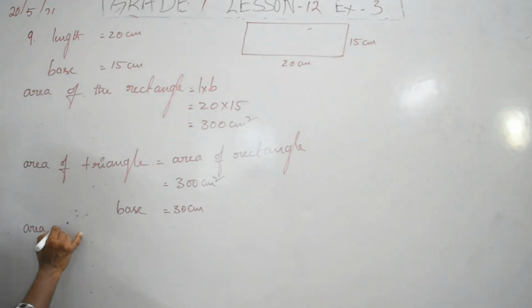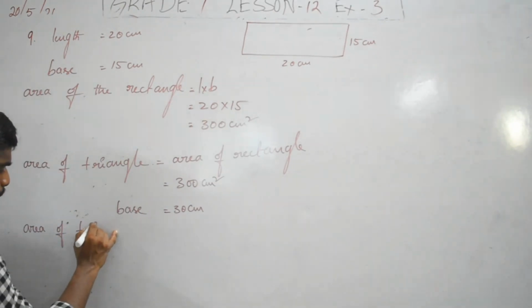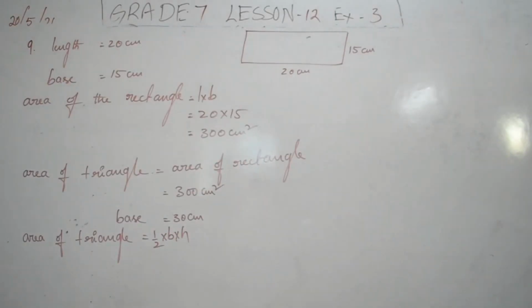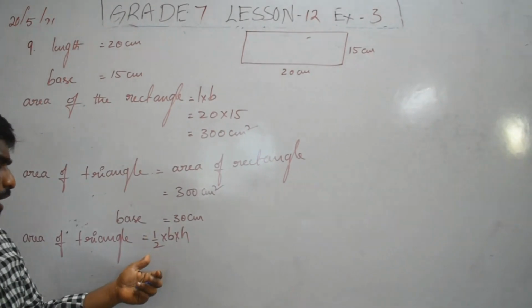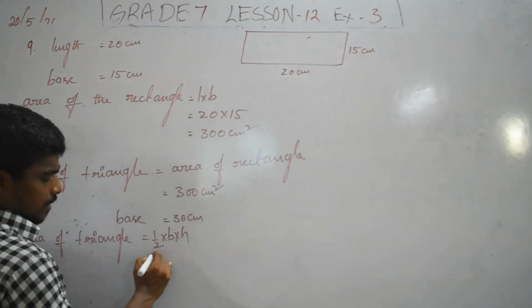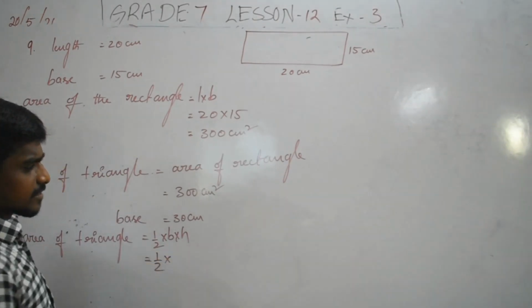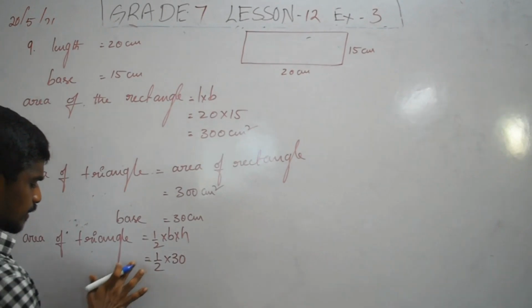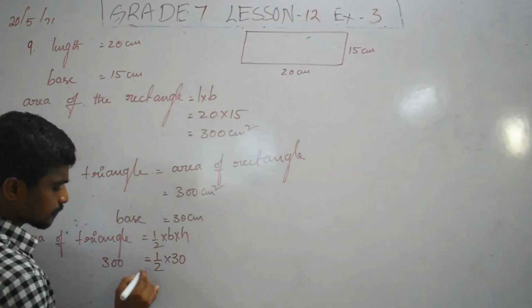So area of the triangle equals 1 by 2 into base into height. Here 1 by 2, base is 30, area of the triangle is 300.